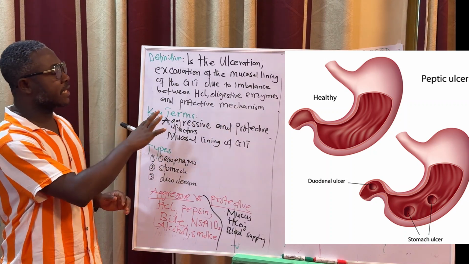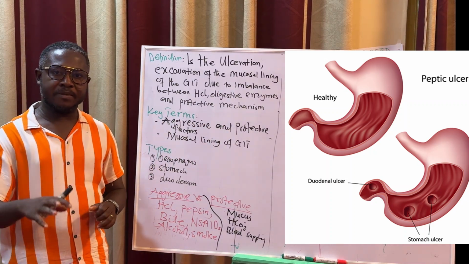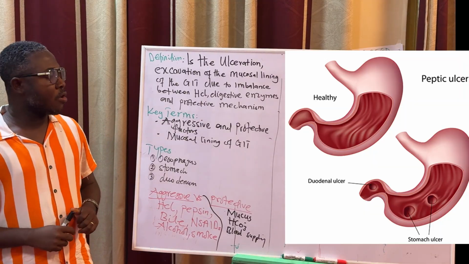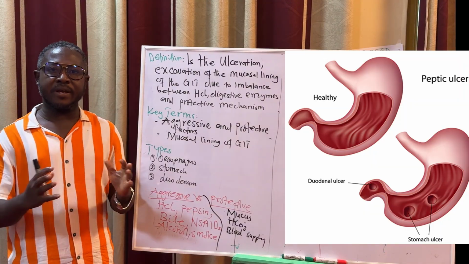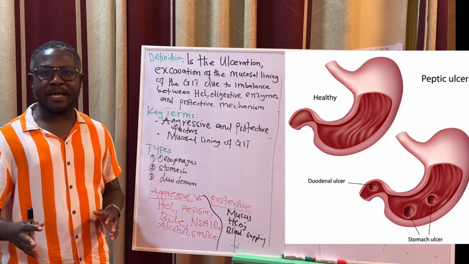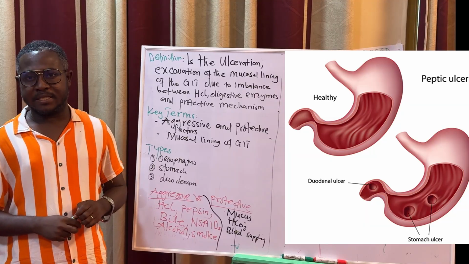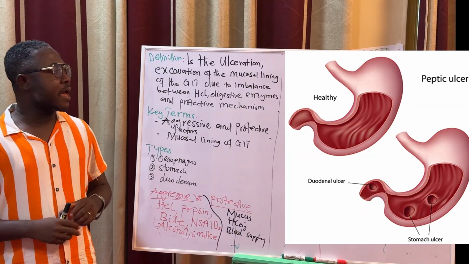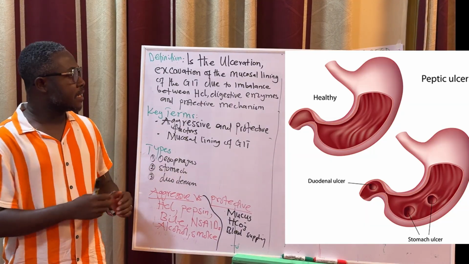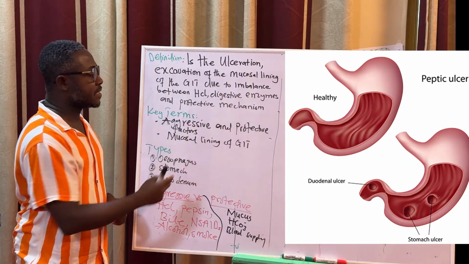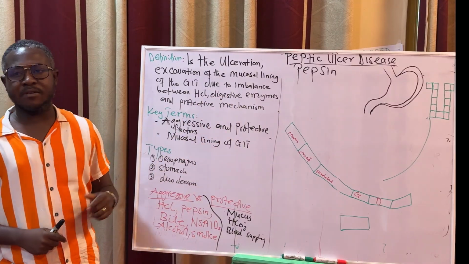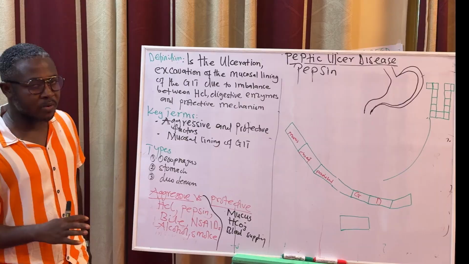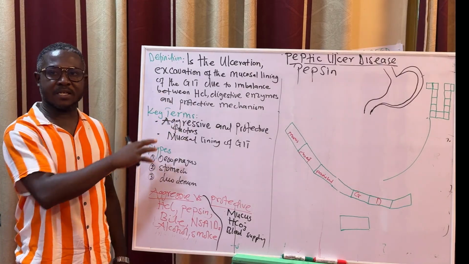So this is the clinical definition of peptic ulcer disease. Or someone will say that it is the breakdown of the mucosa lining of the GIT as a result of imbalance between the hydrochloric acid, digestive enzymes, and the protective mechanism. Now let's try to understand the key terms in this definition.